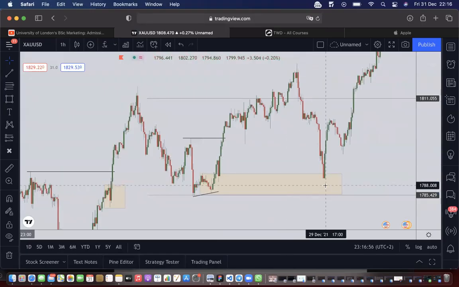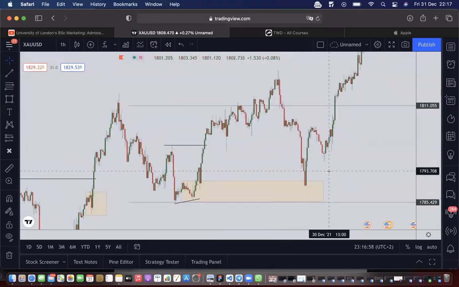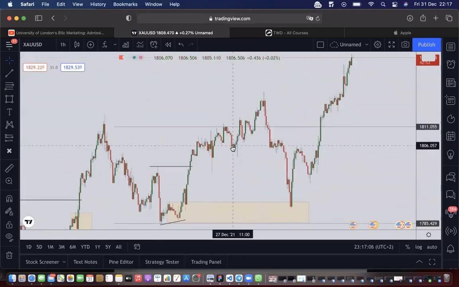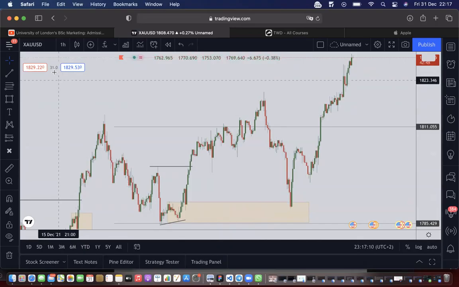Because I know the main order flow of the weekly is a buy. So I want to follow the order flow. I don't care about whatever is on the lower time frame because the main order flow says it's going up.